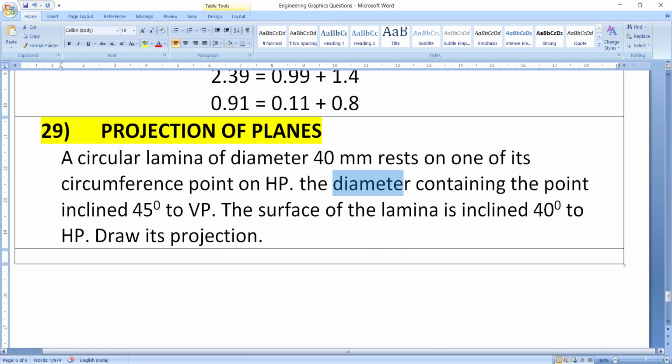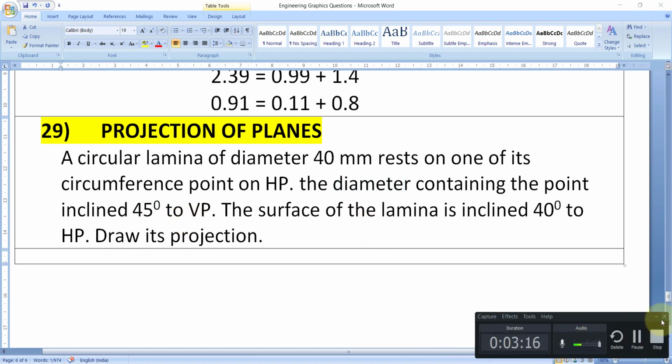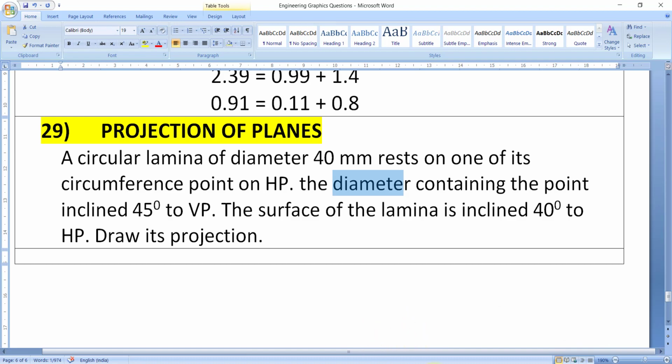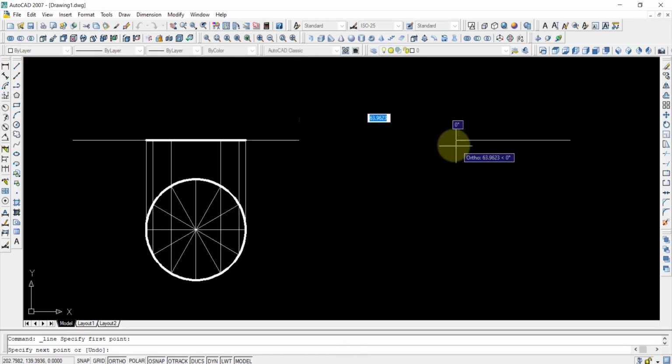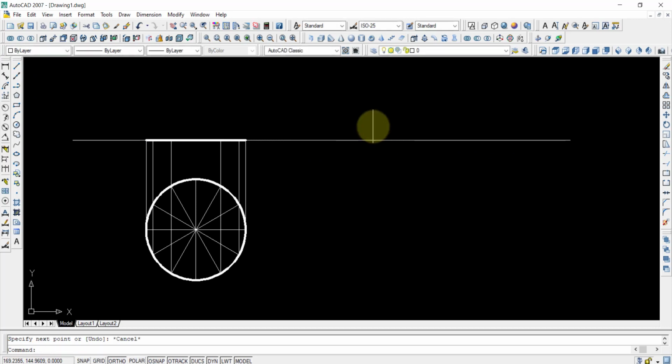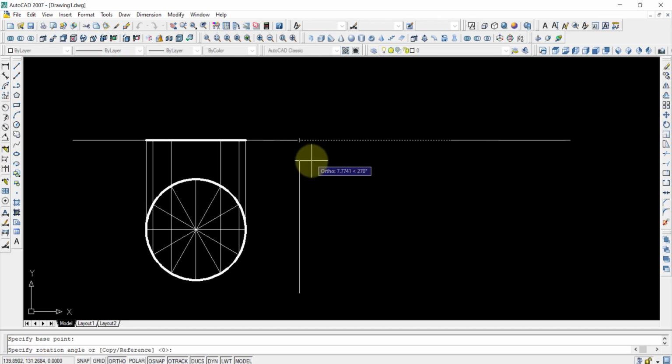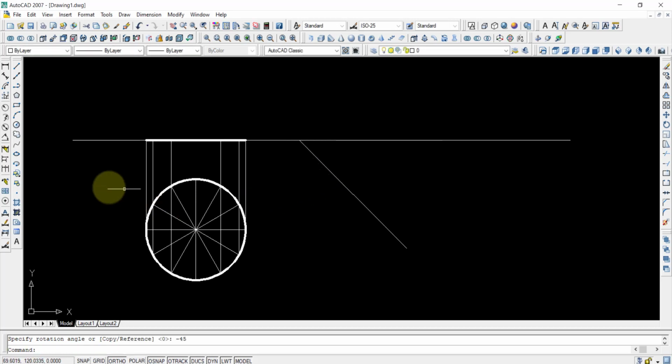Therefore, we'll draw a line here like this, of any length. Then select that line and rotate it 45 degrees in the clockwise direction, therefore minus 45 degrees, like this.